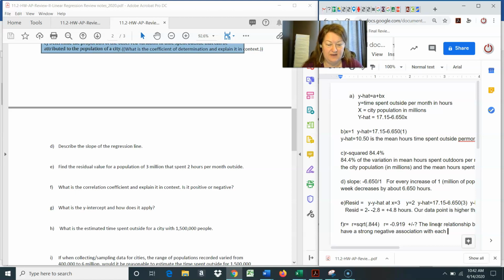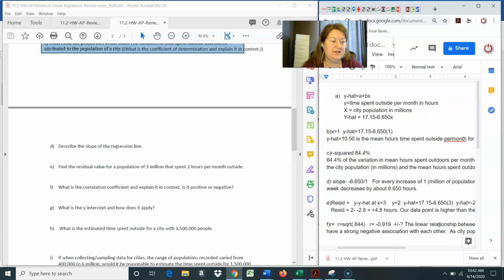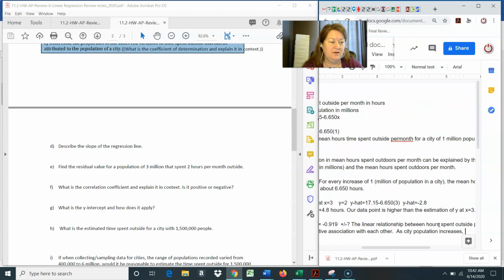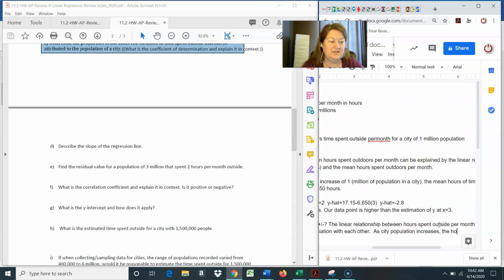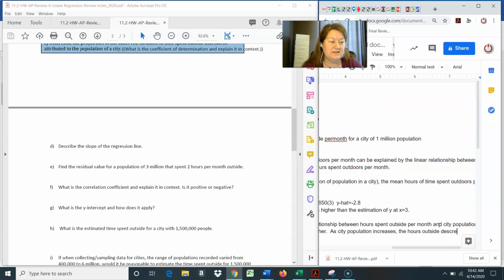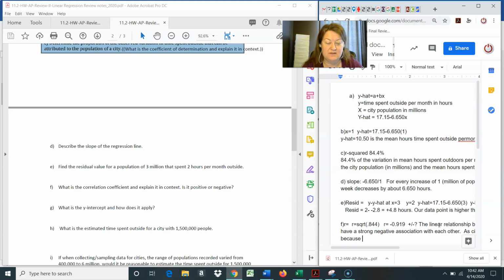And what does that mean? That means that as city population increases, the hours outside decreases because it's negative. Because R is negative.